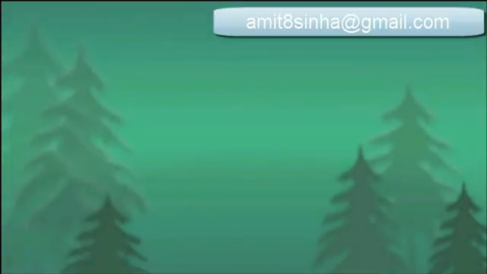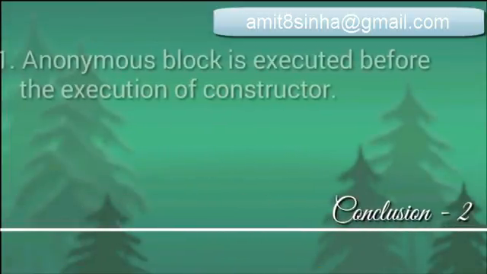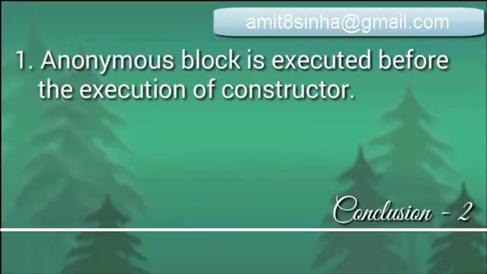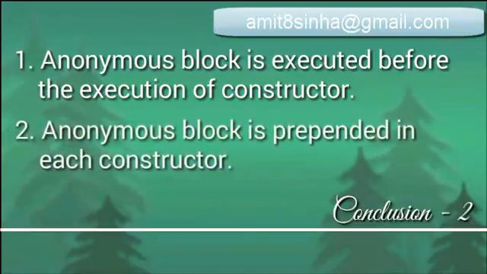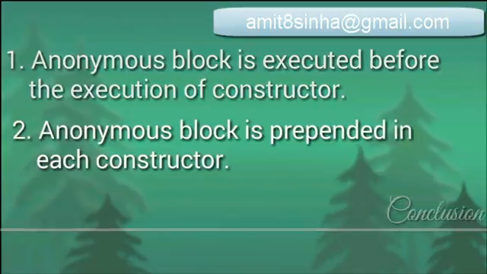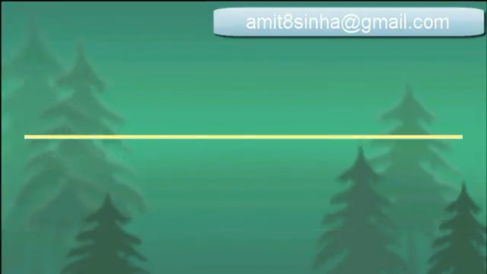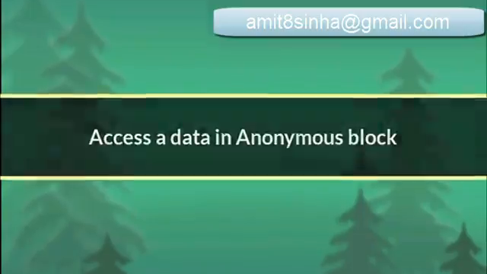So we see here that the anonymous block is executed before the execution of the constructor, and we can say that the anonymous block is prepended in each constructor. So let us see what will happen when we access data in the anonymous block.